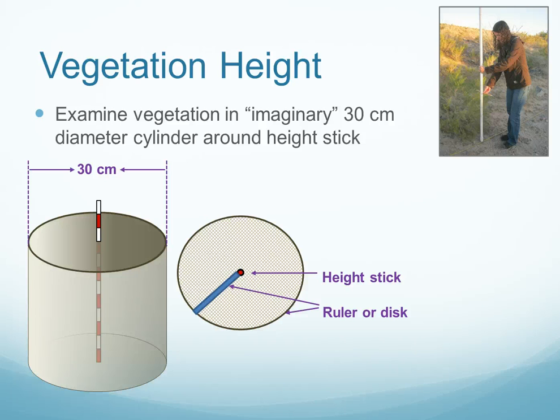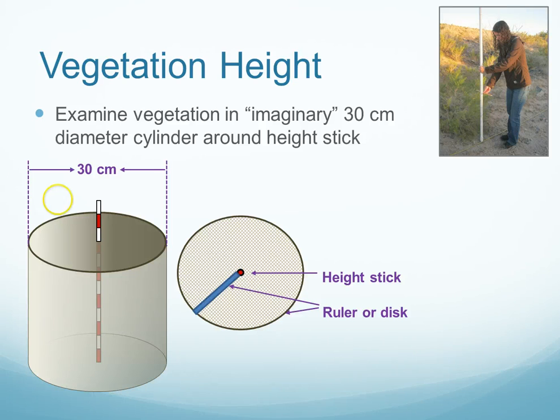The way this works is by envisioning an imaginary cylinder around the height stick that is 30 centimeters in diameter. And we can use a couple of tools to make sure that we maintain this cylinder.